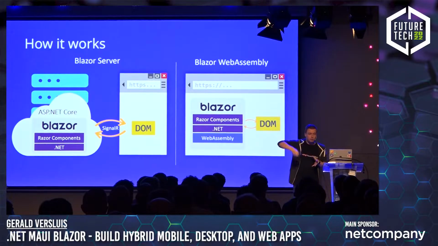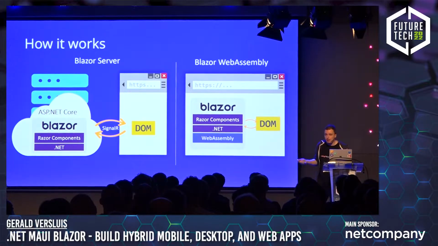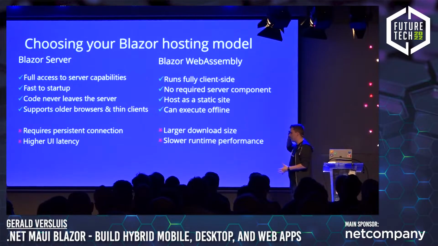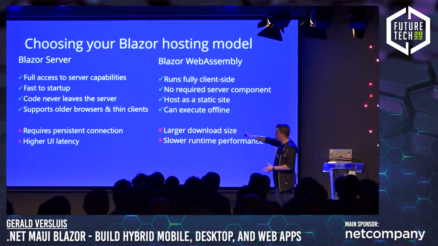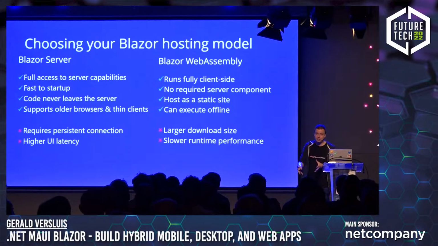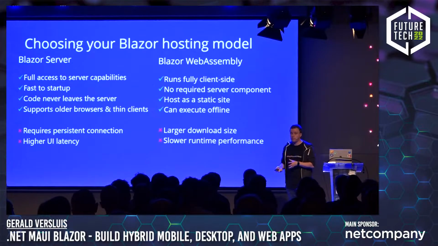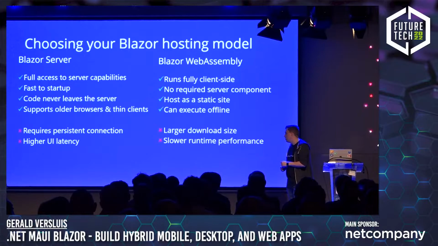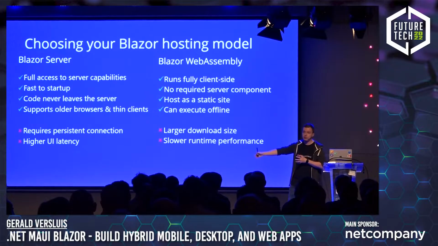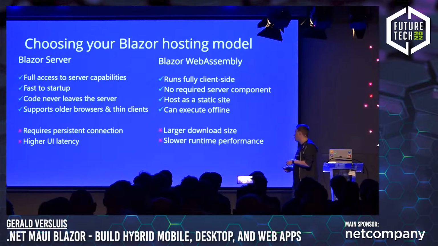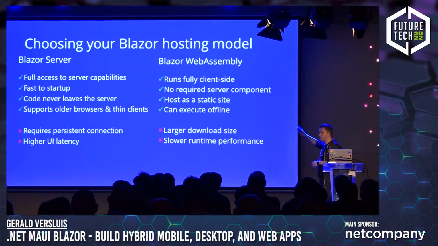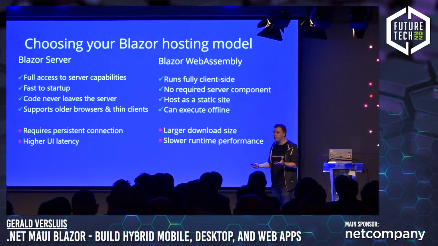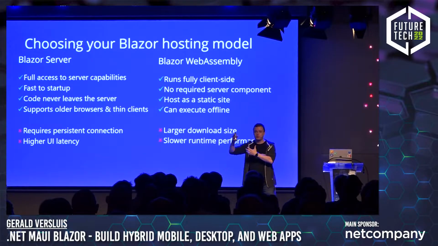So whenever you have choices, you have pros and cons. I'm not going to read all of them to you, but I think the important bits are kind of like at the bottom. So for Blazor Server, you have this persistent connection, right? So you cannot really have offline applications because you have to have the server to get your UI changes. And you have higher UI latency because everything has to go back and forth. For Blazor WebAssembly, you have a larger download size because, like any good .NET Core application, you have to download also the .NET runtime, right?